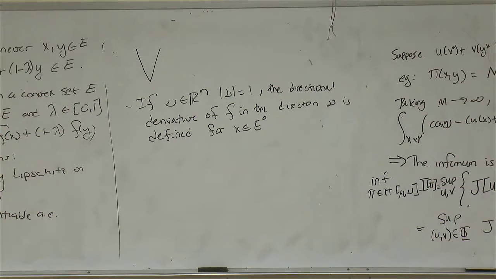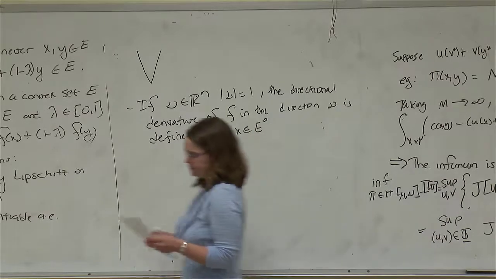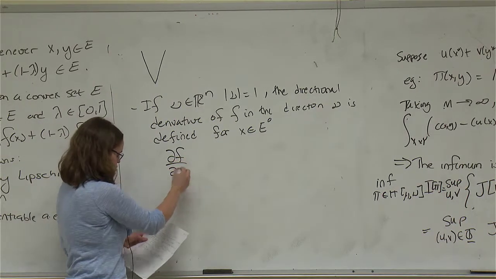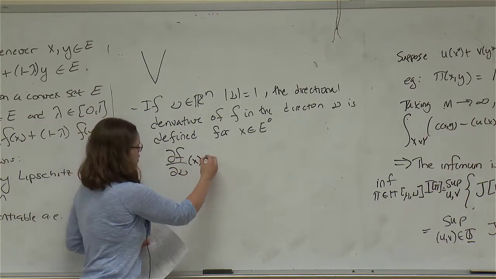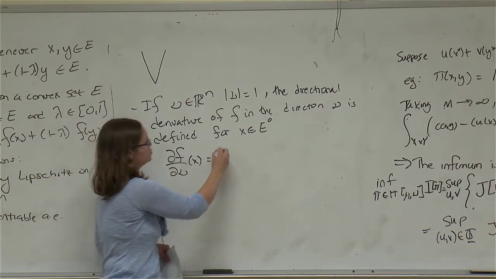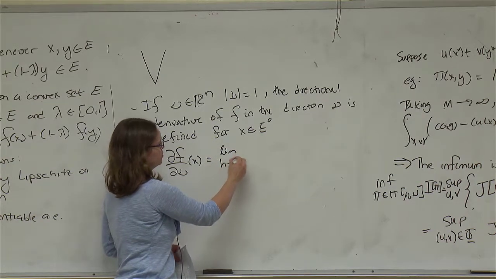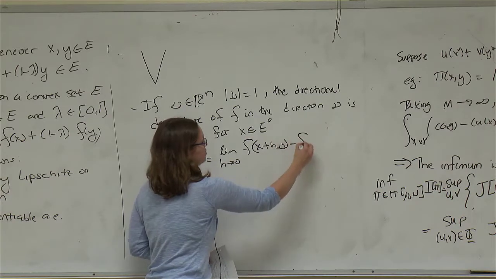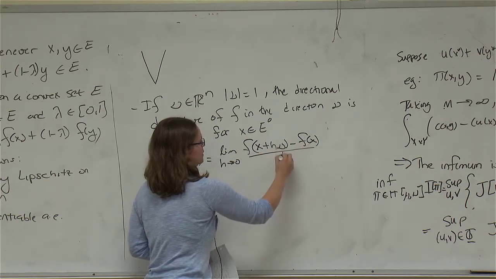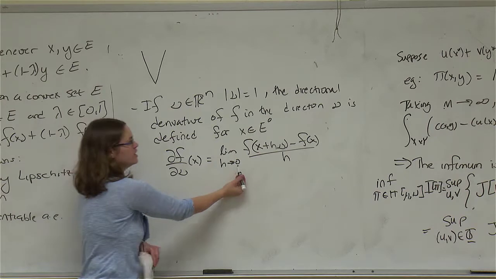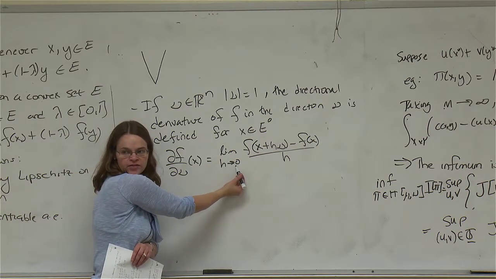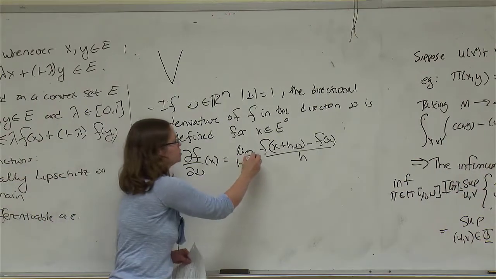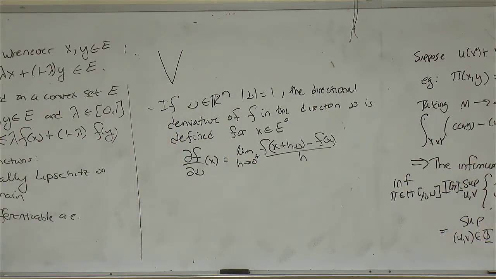Again, everything can break at the boundary. And we'll write that df by d mu is equal to the usual thing: the limit as h goes to 0 of f of x plus h mu minus f of x, divided by h. And the key difference here is, I need to modify this a little bit. We're only allowed to come at this thing from one side, right? So h is going to go to 0 from one side only.